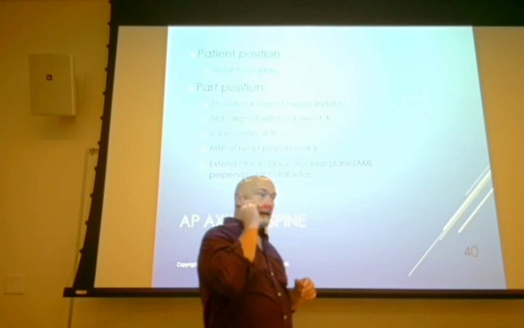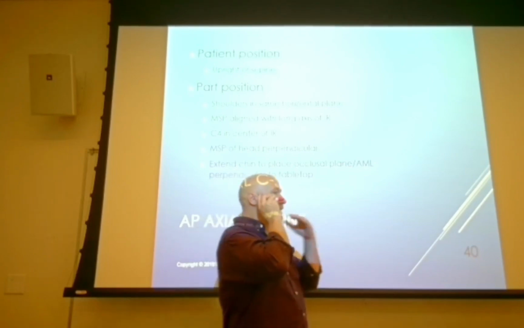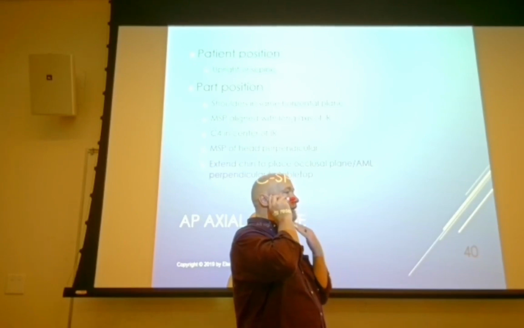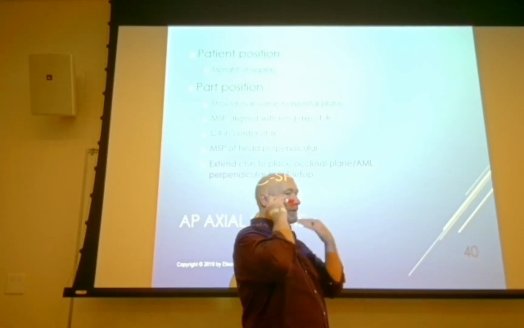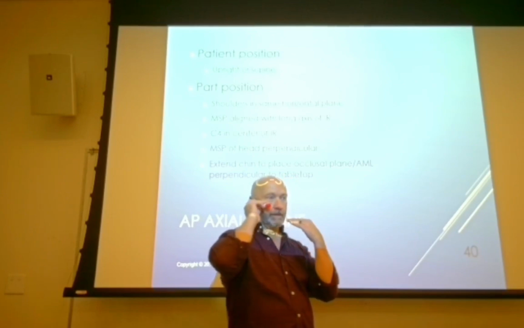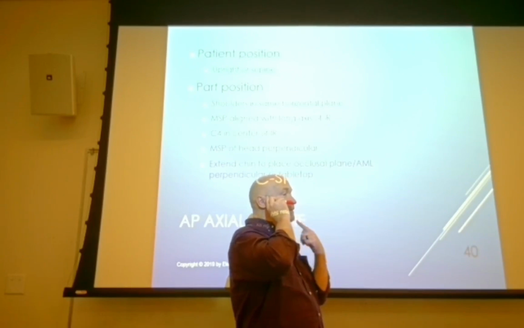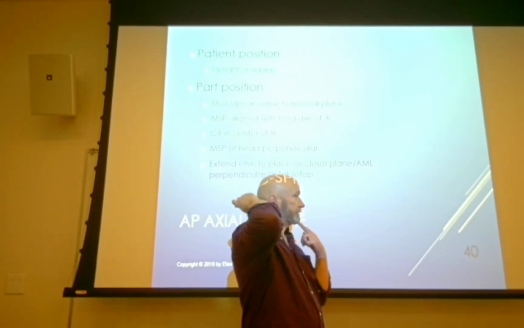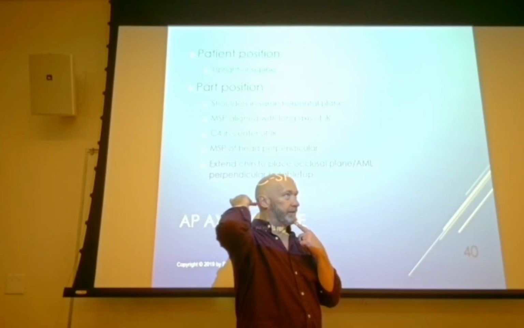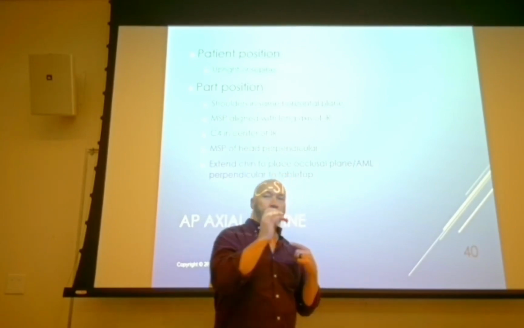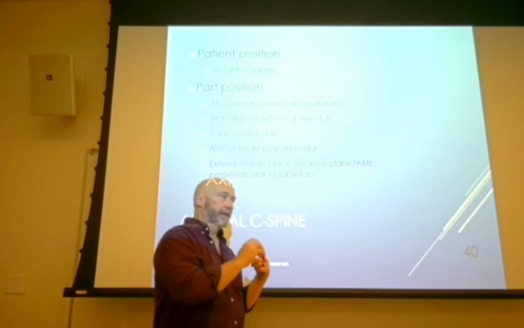So if I've got the line perpendicular and my central ray is 15 to 20 degrees cephalic, if I were to shoot straight on, my chin would still be over it. But with a 15 to 20 degree cephalic angulation, it's going to project my chin pretty much right onto the base of my skull. So the acanthomeatal line needs to be perpendicular for the AP.